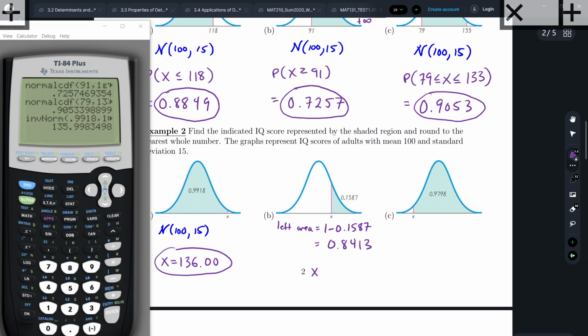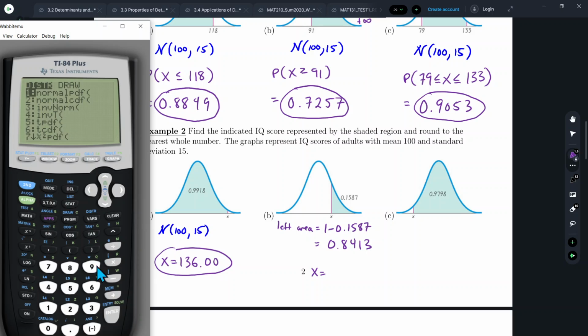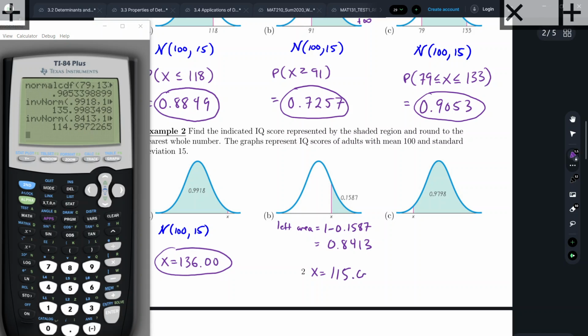And so now I can apply the inverse norm command. So again, the number I'm putting in for the area would be 0.8413. The mean is still 100. The standard deviation is still 15. And I get, as the x value, 114.99. Again, we round up here, so this rounds up to 115.00.